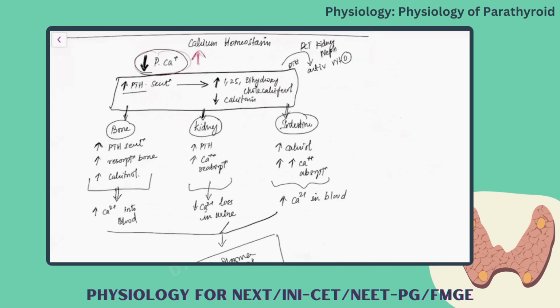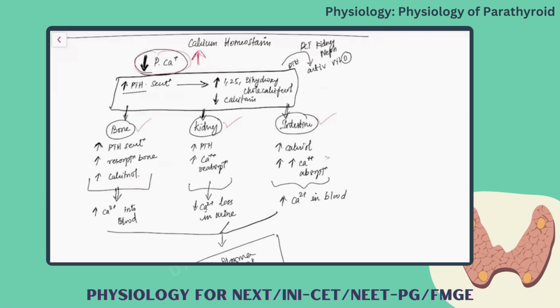Okay, so parathyroid hormone has a role in the bone, kidney, and intestine. Whether the bone should get deposition of calcium or release the calcium. In the kidney, whether it has to reabsorb from the urine formation or release through the urine. Same way in the intestine, whether absorption of calcium from the bolus should happen or it should be excreted.